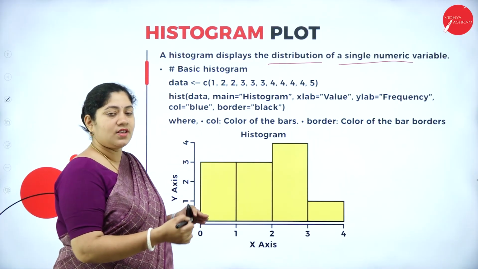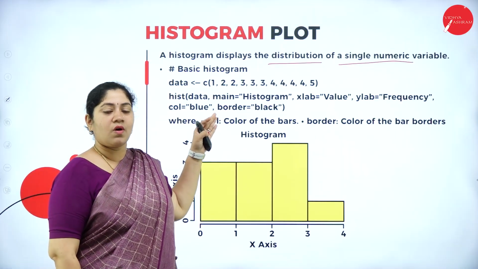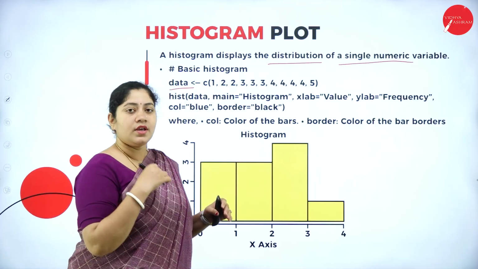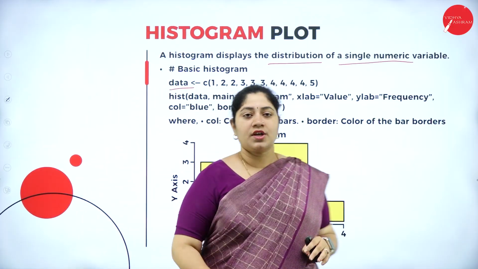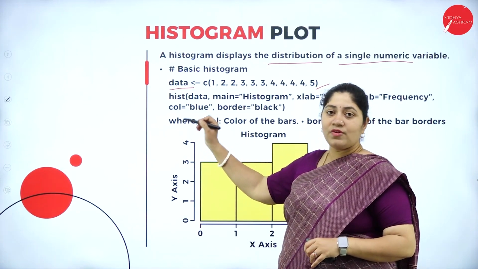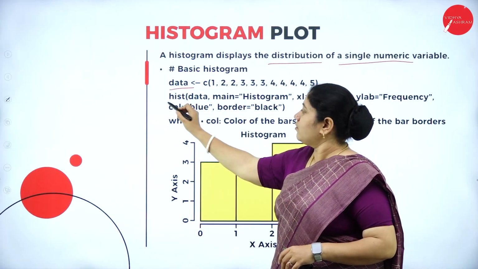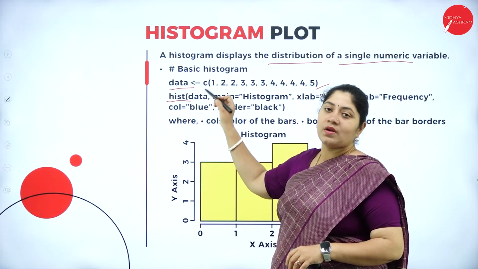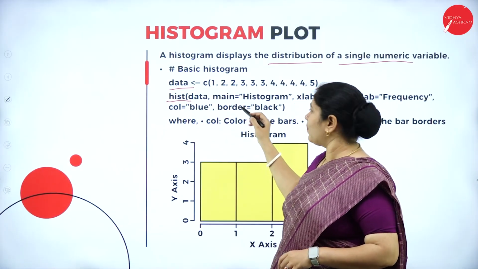Now let's see how to create it. It starts with data being assigned some values like c of 1, 2, 3. Then we write hist of data, comma, main.